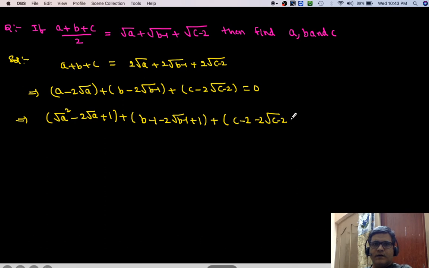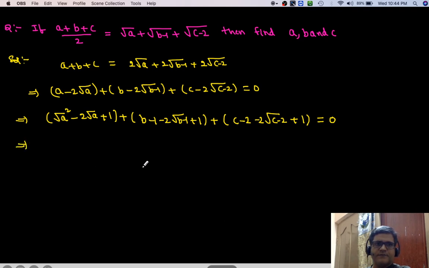Here plus 1, add 1, because here we added 1 but we have not subtracted 1, that's why we subtracted 2 and added 1, because −2 + 1 is −1, this −1, this +1, 0. Therefore this is equal to 0.